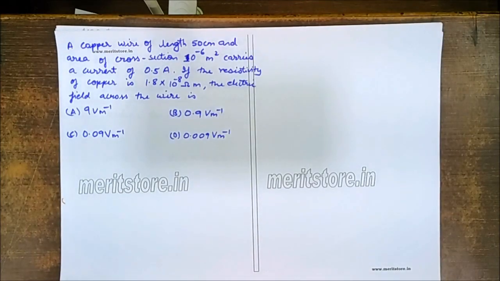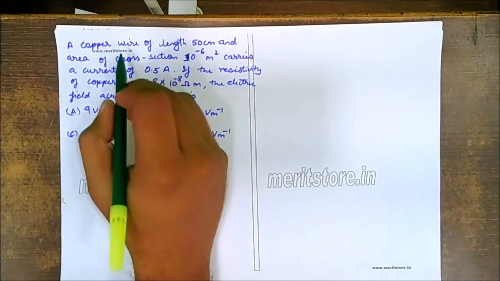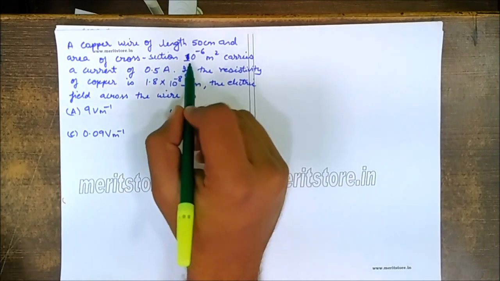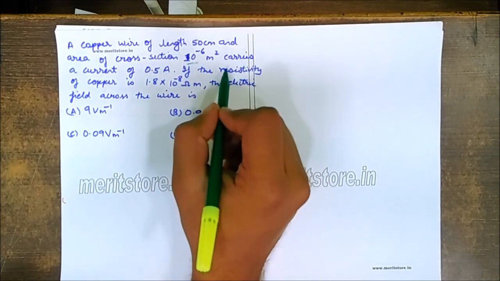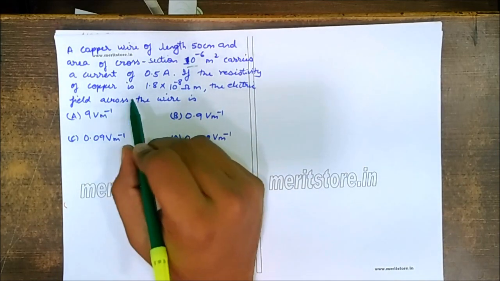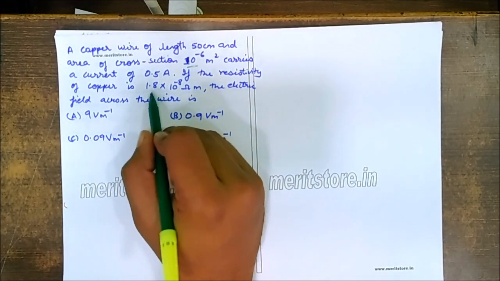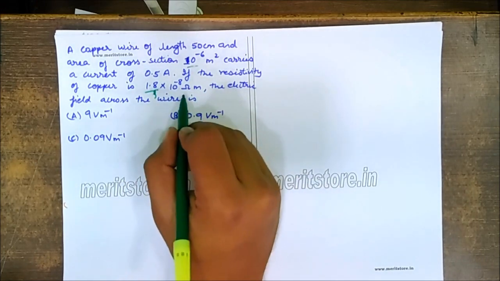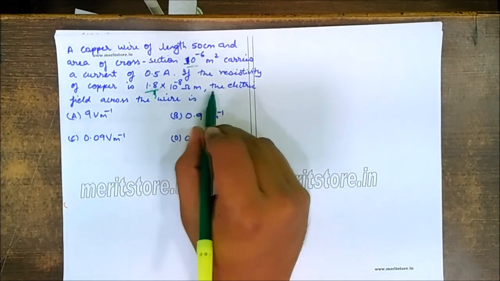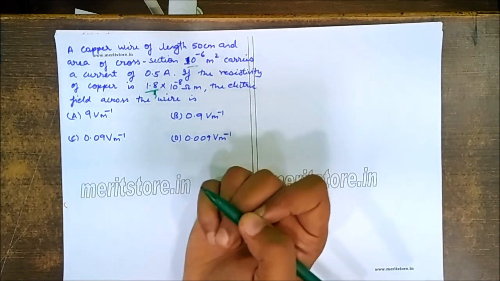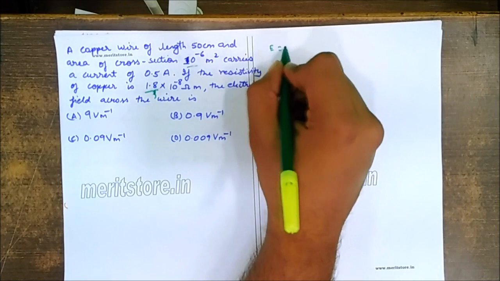The next problem. A copper wire of length 50 centimeter and area of cross section 10 raised to minus 6 meter square carries a current of 0.5 amperes. If the resistivity of copper is 1.8 into 10 raised to minus 8 ohm meters, the electric field across the wire is. So electric field has been demanded.